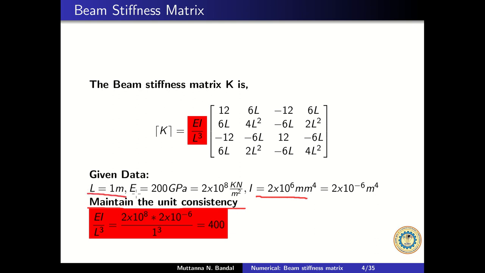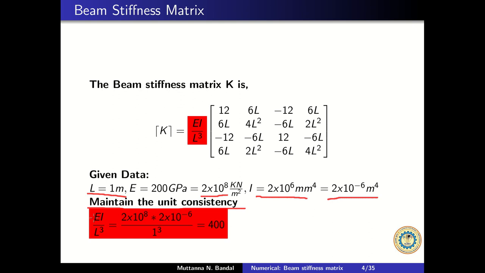L is equal to 1 meter, E is equal to 200 gigapascal, which is converted into kilonewton per meter square, which will be 2 into 10 raised to 8 kilonewton per meter square, and I in meters will be 2 into 10 raised to minus 6 meter raised to 4.